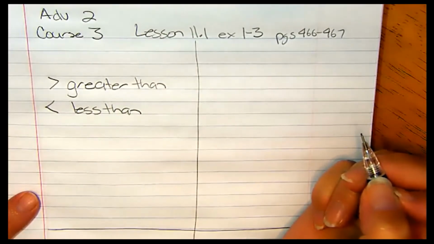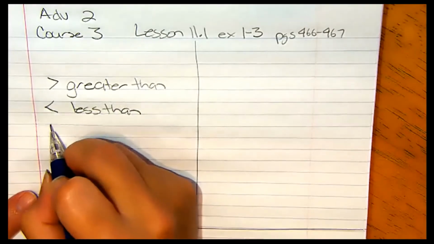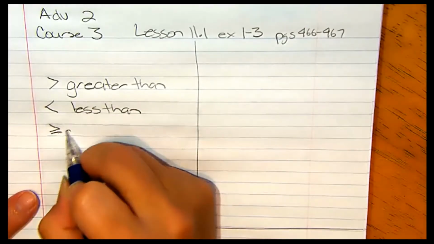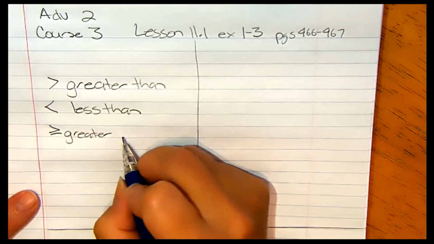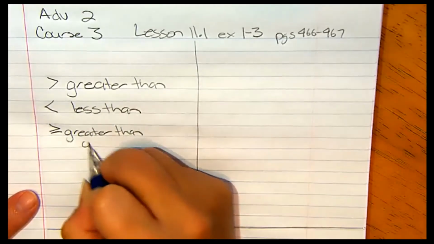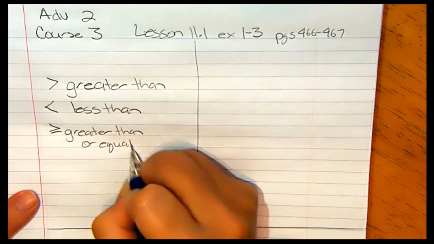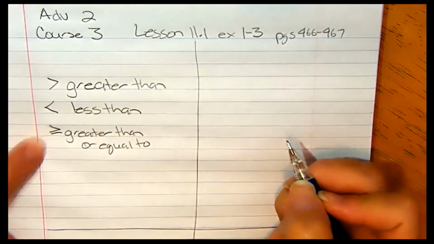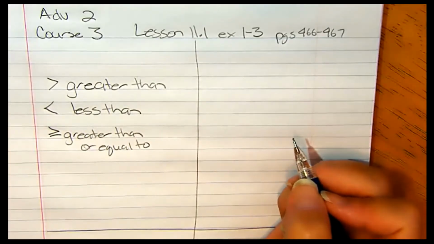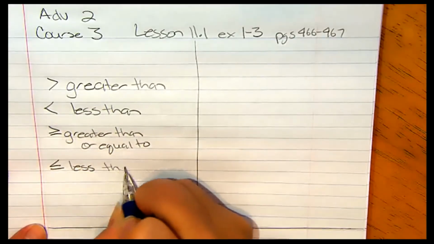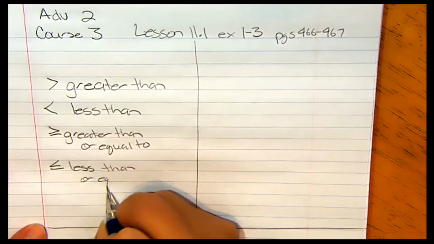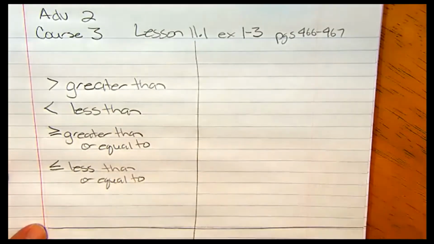And then as you got older, you realized that sometimes there was a greater than or equal to. We got away from the alligators, and we learned greater than or equal to, and then less than or equal to.